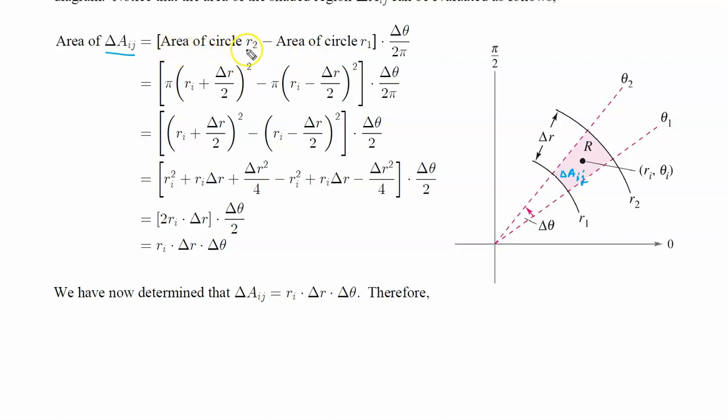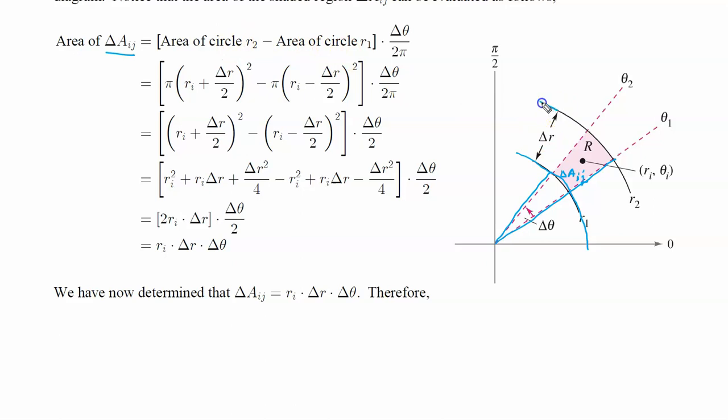It's the area of the circle of radius r2, minus the area of the inner circle of radius r1. That would be the circle formed right here. So you take the difference of those two.